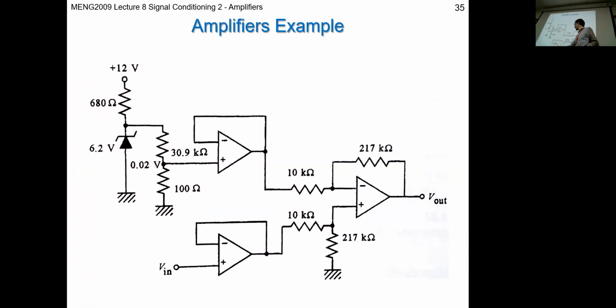It goes through a voltage follower. Why does it have a voltage follower? What does a voltage follower do? It creates a buffer, creates a separation. In this case, it creates a very high input impedance. Because when we looked at the voltage follower, the input impedance of this amplifier becomes the input impedance of the op-amp, which is maybe 30 mega ohms or something.